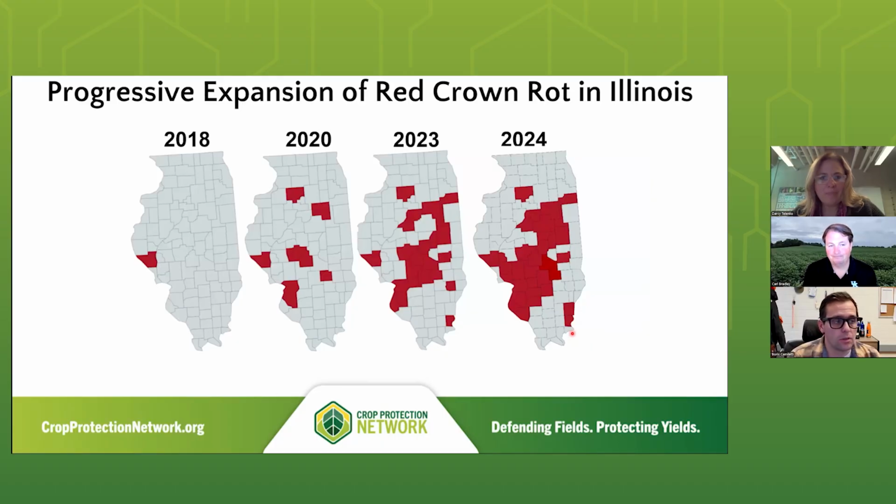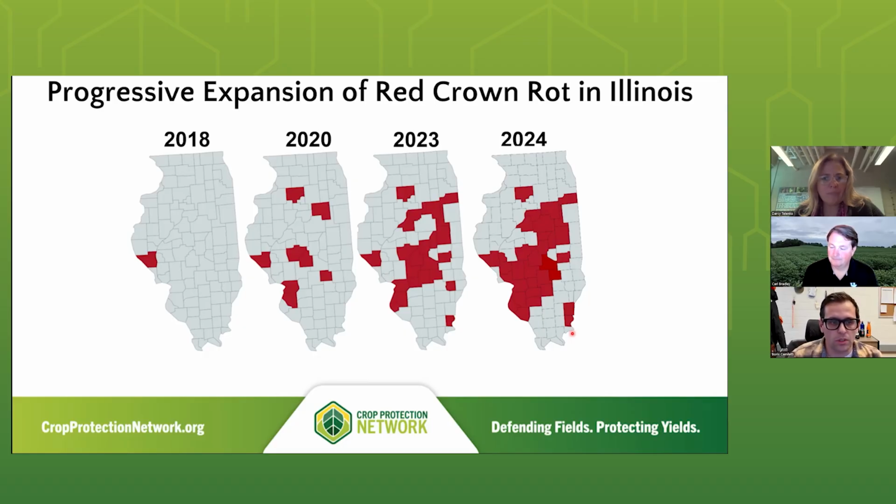This slide illustrates the progression of the disease here in Illinois since 2018 when it was first identified. It also shows the pattern of the disease spread here in our state. Unlike other diseases that expand maybe in a continuous front, here we can see it was more an irregular pattern, at least how we were able to keep track of it.